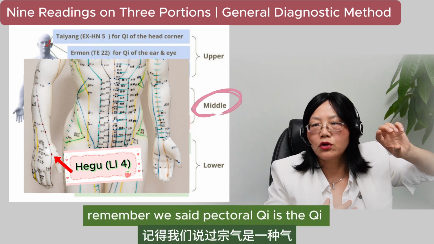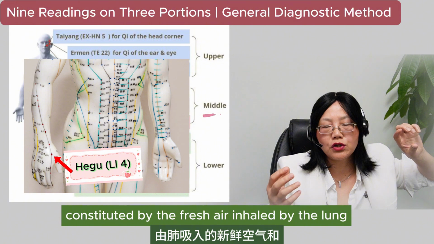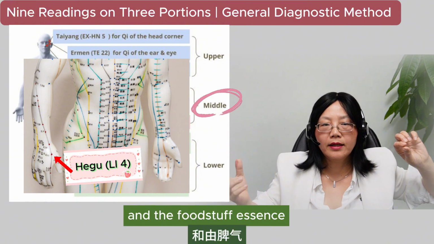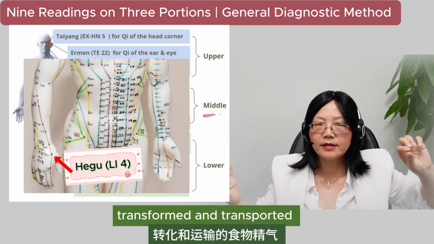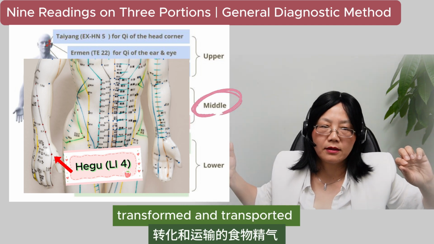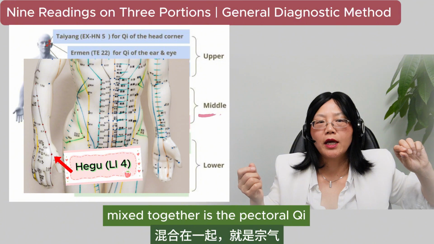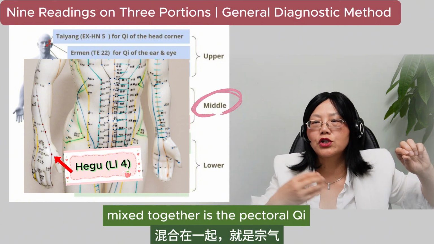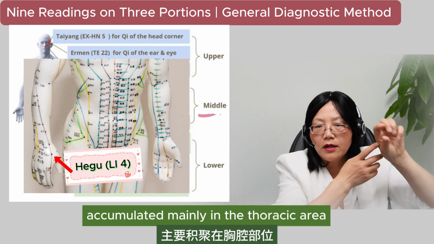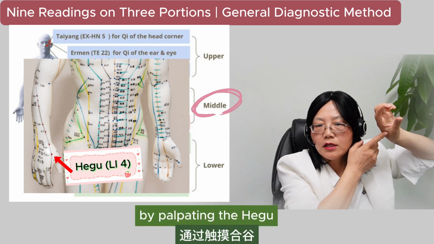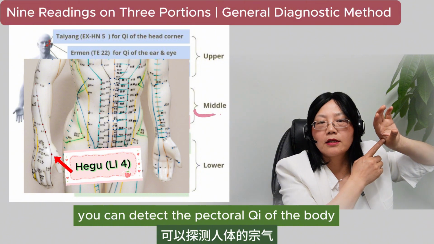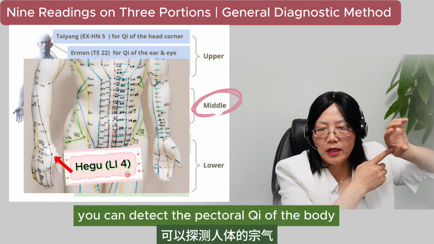Remember, we said pectoral Qi is the Qi constituted by the fresh air inhaled by the lung and the foodstuff essence transformed and transported by the spleen Qi. Mixed together, it is the pectoral Qi accumulated mainly in the thoracic area. By palpating Hegu, large intestine 4, you can detect the pectoral Qi of the body.